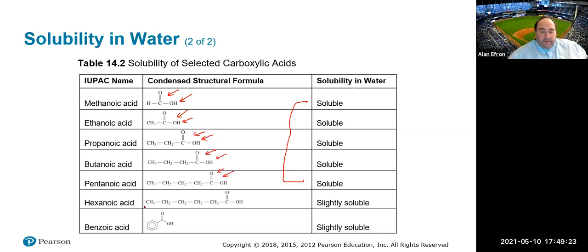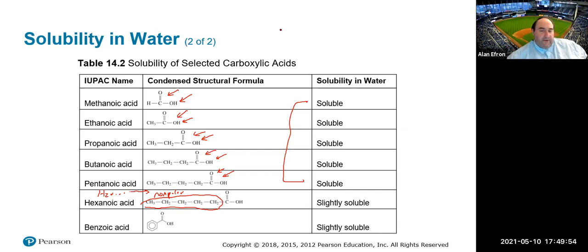But as we start building out a lot more carbons, we get what I mentioned before, sometimes referred to as steric hindrance, which basically means this big non-polar part kind of gets in the way. Even though there's still a polar aspect to this molecule, it just gets in the way as water tries to make its way through. It's like, I don't really want to participate with you. I can interact with this part of it, but you've got this big non-polar part.